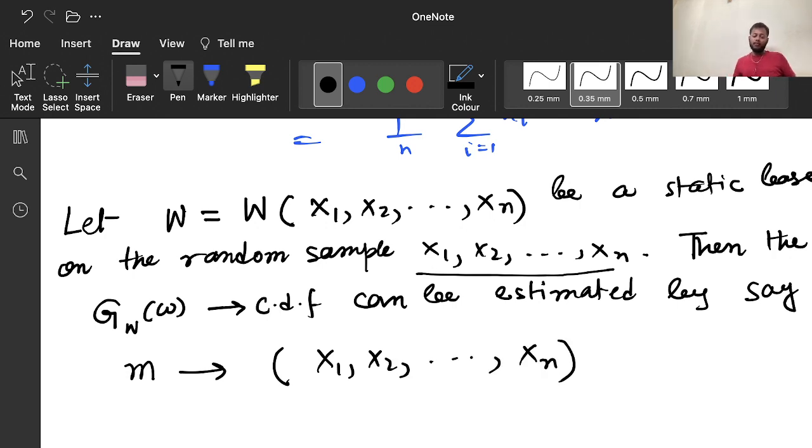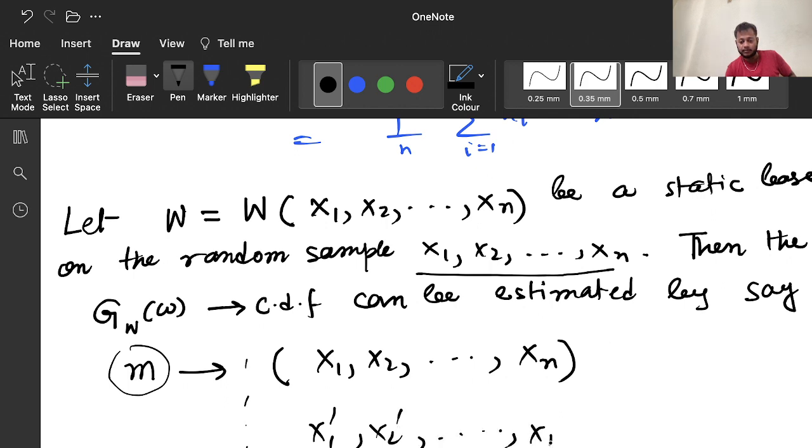Since this is a function of W and W contains x1, x2, ..., xn, different sets of x1, x2, ..., xn will give different values of W. So to generate or estimate a CDF, we need, suppose, m numbers of this type of distinct observations, x1 prime, x2 prime, ..., xn prime.